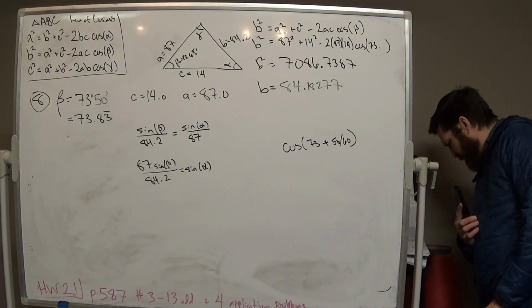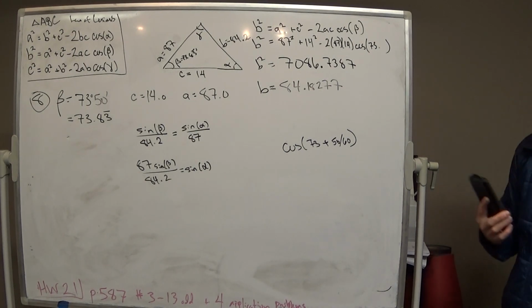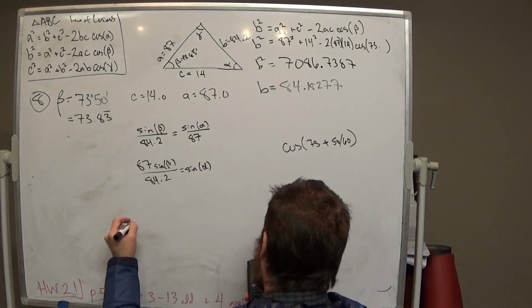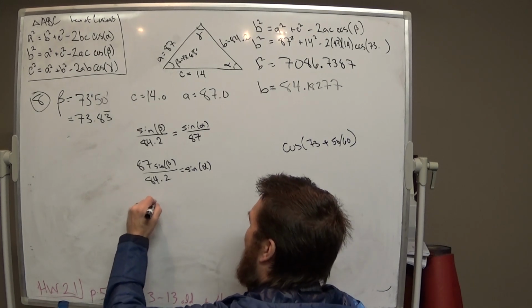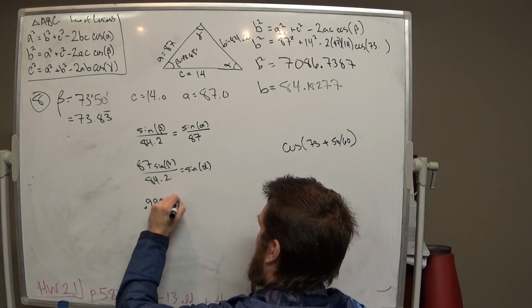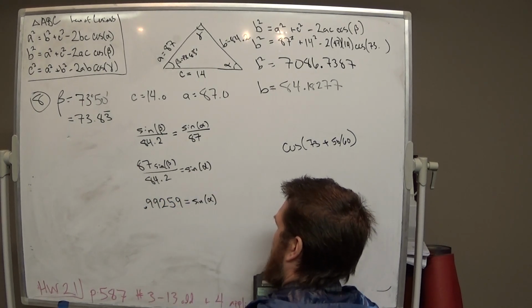Do that, and I get 0.99259810. Oh, that's because I did gamma last night. Okay, that's fine. I'm sure it'll work. The sine of alpha equals 0.99259. Always just barely. Why can't it just be 1?